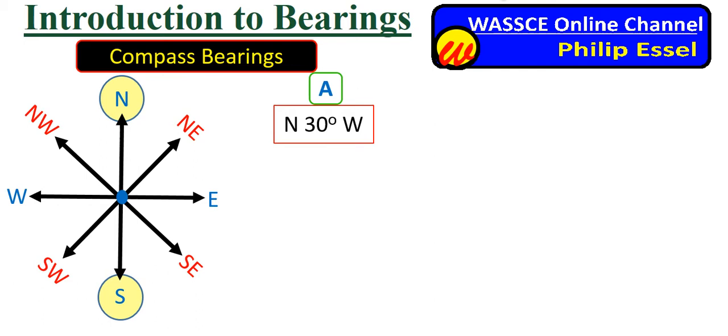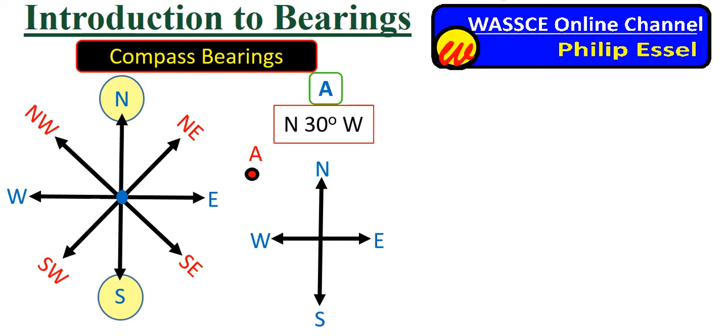To do this, let's first draw our cardinal points. First, we are being told that town A is at position northwest. We can locate this position between the north and the west cardinal point. So town A will be somewhere here.